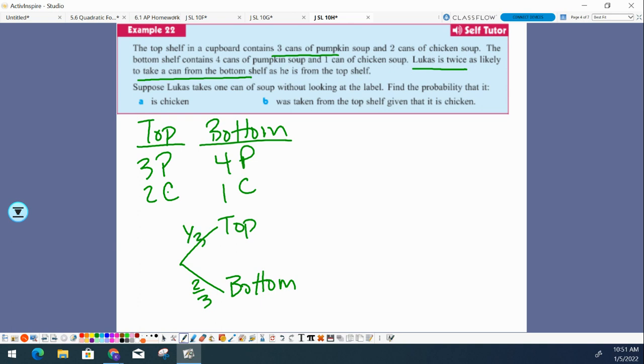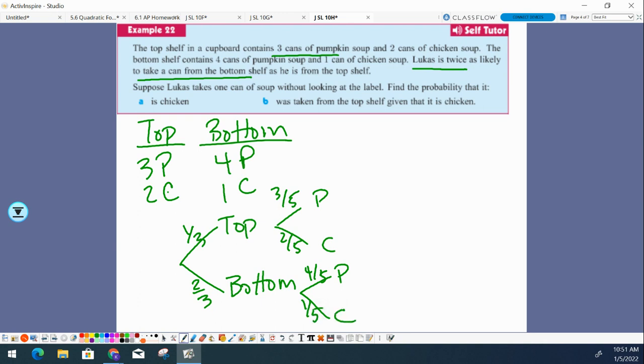All right, so then when we pick from the top or bottom, we have pumpkin or chicken. On the top, pumpkin is 3/5, chicken is 2/5. And on the bottom shelf, pumpkin is 4/5 versus chicken 1/5.